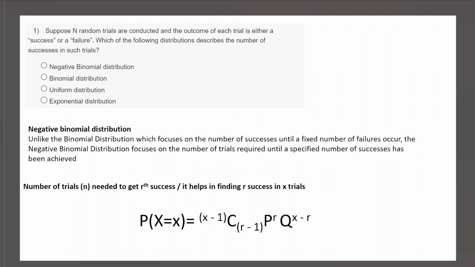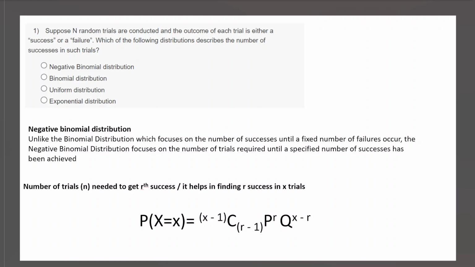So x is the number of trials, and r is the number of successes. We can put the probability mass function this way: P of x, where the random variable is equal to x, is equal to the combination of x minus 1 choose r minus 1, times p power r and q power x minus r.